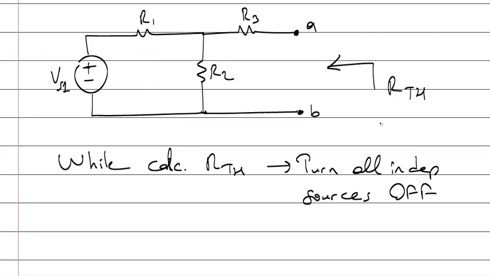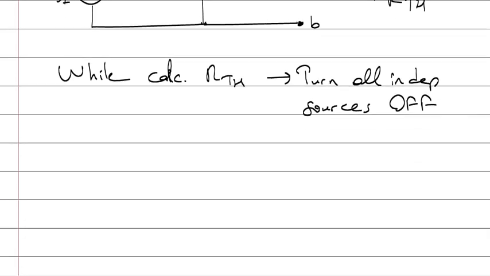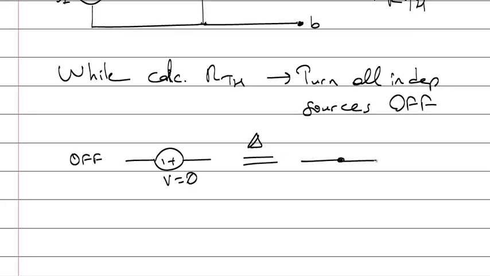what does it mean? What does turning a voltage source off mean? If you turn off a voltage source, it has 0 volts. Okay, so it's like a short circuit because it has 0 volts too.